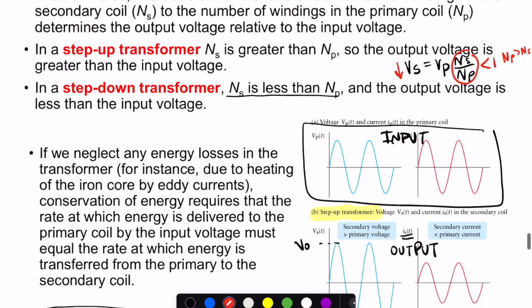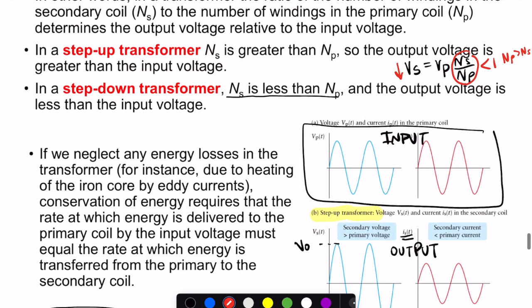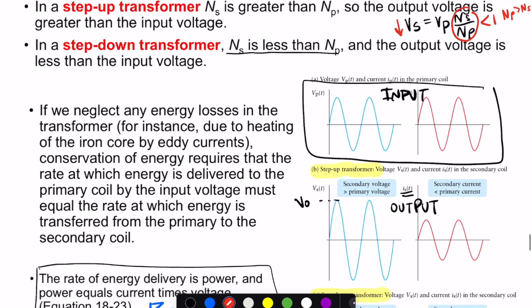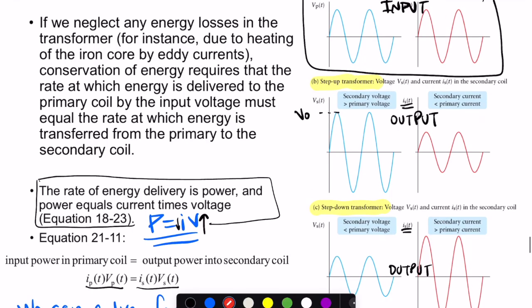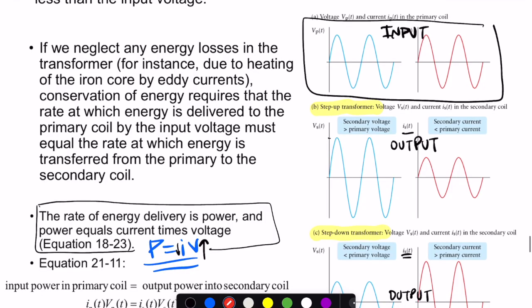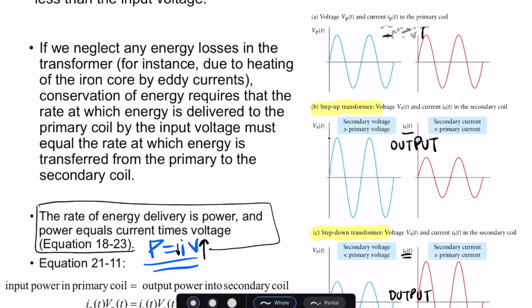If we assume that no energy is lost during this transformation, then we can take a look at the following graphs here. The top part of this graph is the input voltage, and I wrote input there just to be clear. It's the input voltage and the input current.